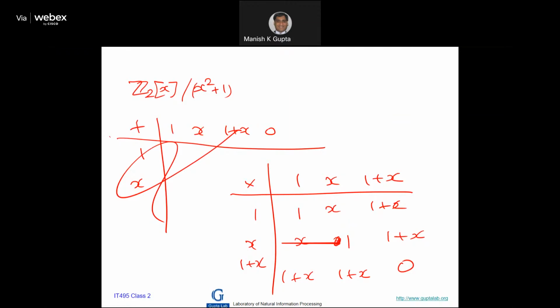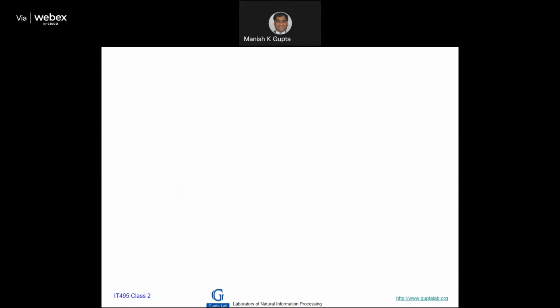So basically, if I take this Z2[x] and I just take mod x cube minus 1, our f(x) is this polynomial, suppose. Then what will happen? So why x cube minus 1?